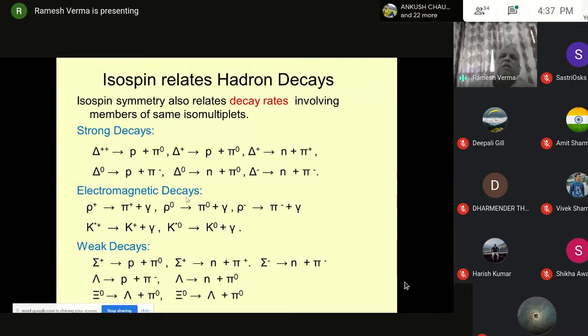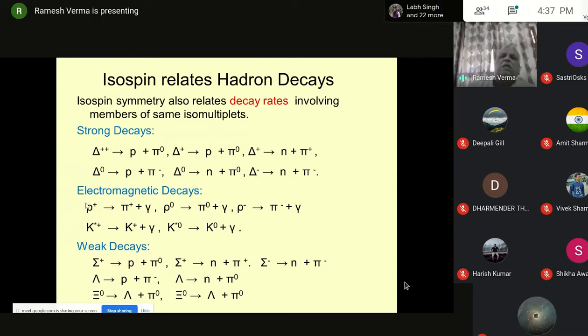Similarly, for electromagnetic decays, we have vector mesons which are decaying to pseudoscalar mesons with the emission of a photon. So such processes where rho plus is decaying to pi plus, or rho zero is decaying to pi zero, or rho minus is decaying to pi minus. You find here that rho plus, rho zero, rho minus form one isomultiplet, and then pi plus, pi zero, pi minus in the final state form one isovector.